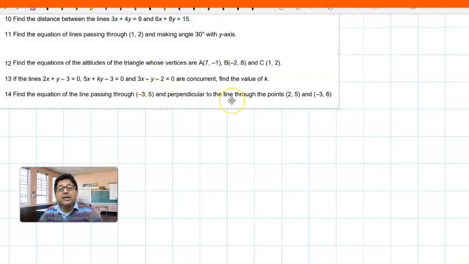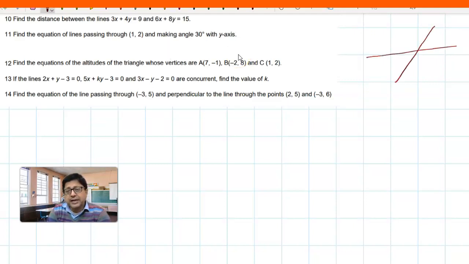This is a concept in straight lines in 2 dimensions, concurrency of lines. Two lines, if they are not parallel, are always concurrent. But can 3 lines be concurrent? Three lines also can be concurrent if they pass through the same point.